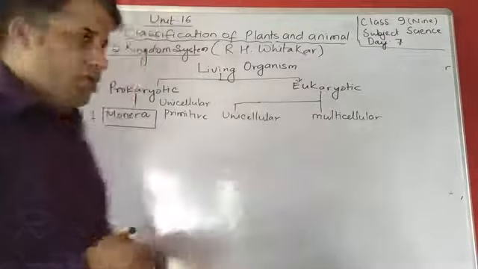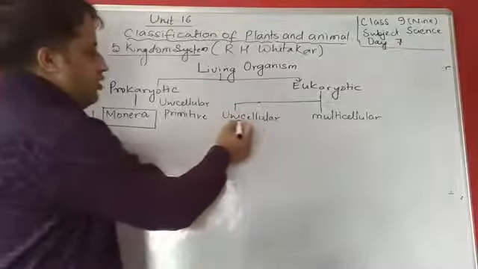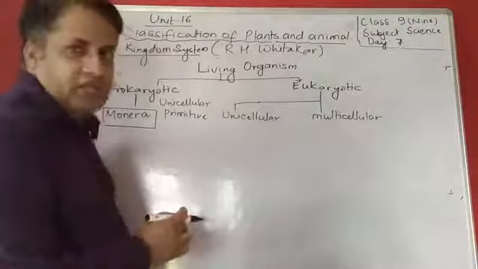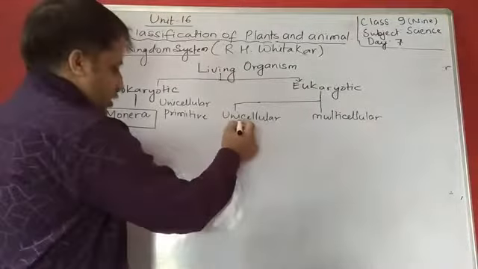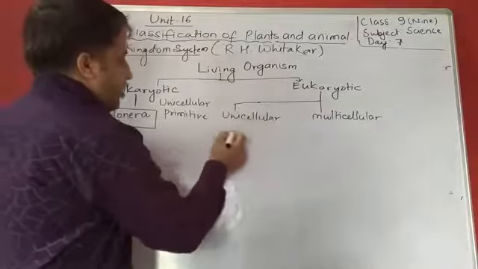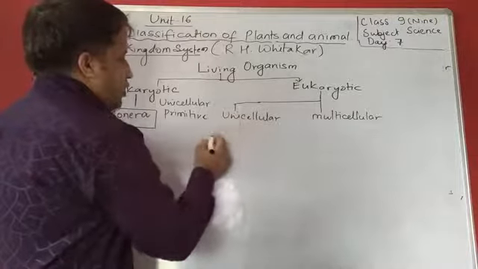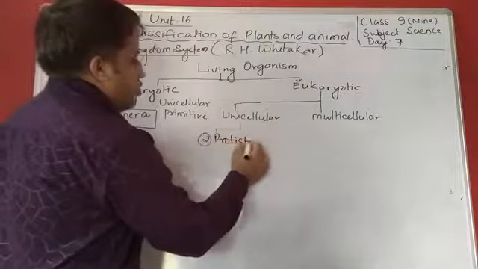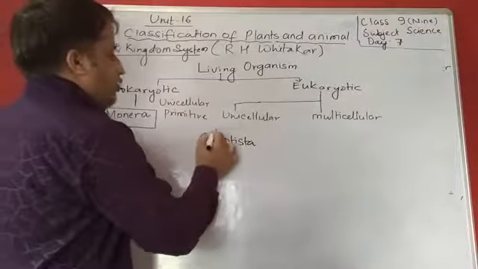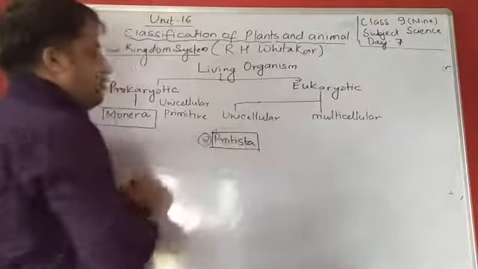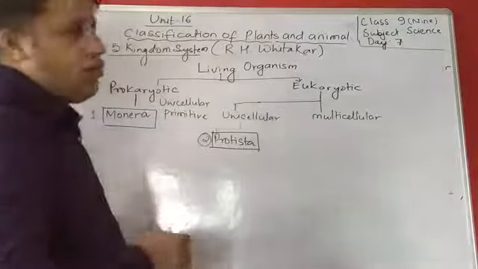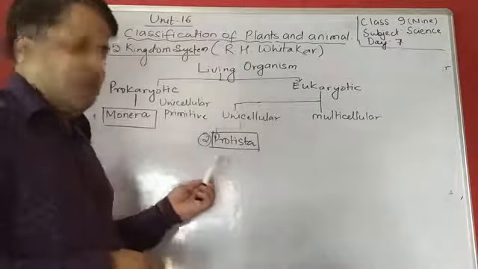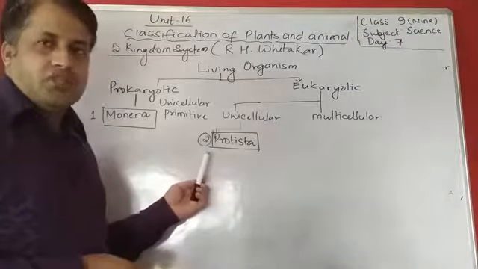Okay, so in his classification, the unicellular organisms having eukaryotic type of cell were called protista.